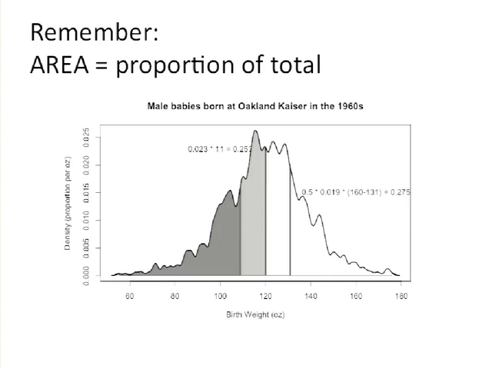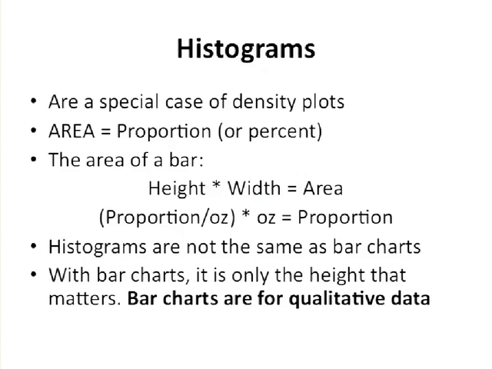So I'm going to beat this to death, about what a density plot is. Many of you have worked with histograms since you were probably in 3rd grade. A histogram is like a density plot. It's a special case of a density plot, where you can think of taking a smooth curve, chunking it into specific intervals, and flattening out the curve.